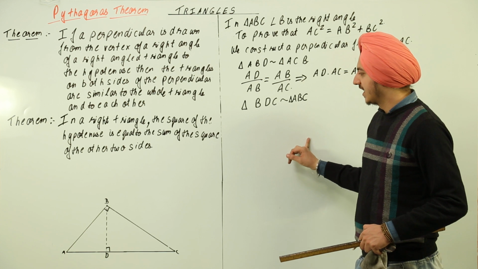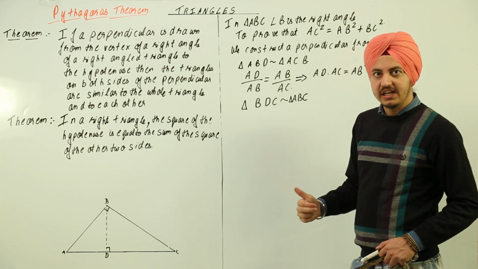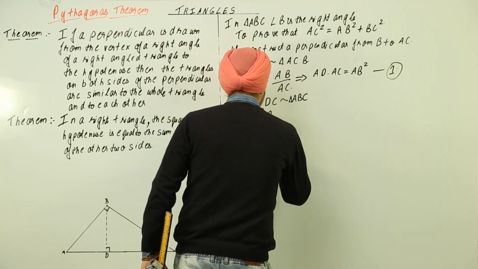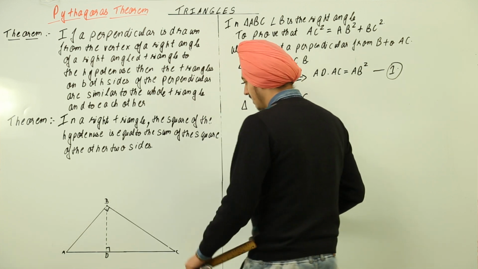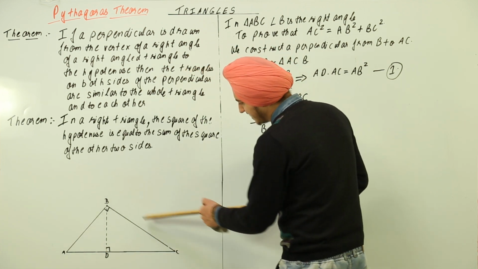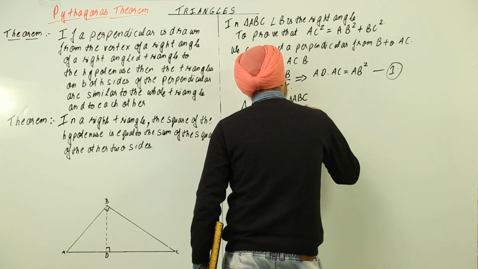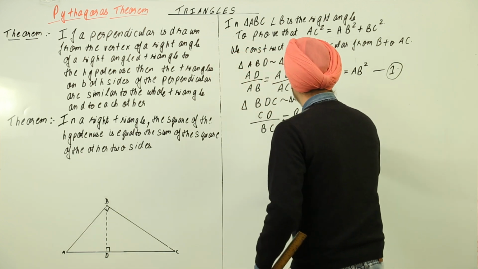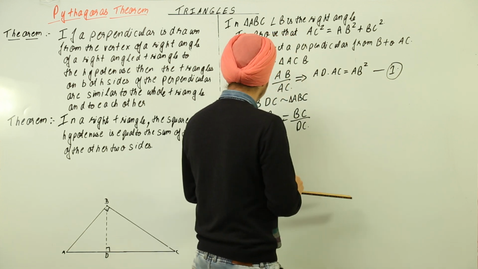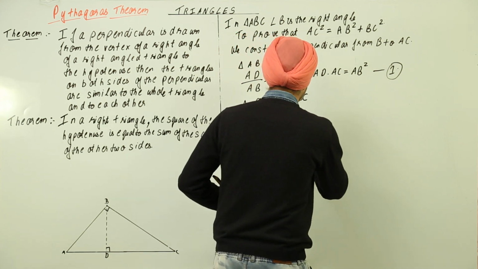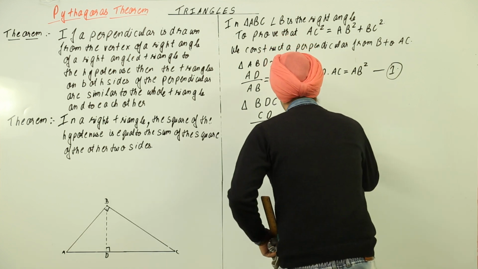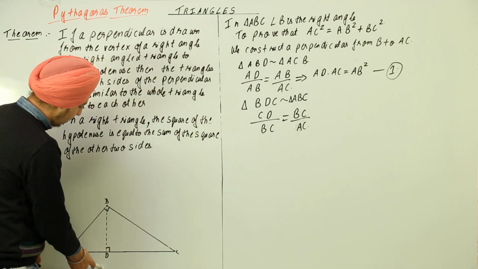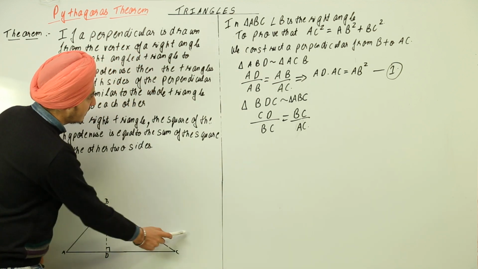So from here what we get is the ratio of the corresponding sides is again equal. So what we write from here is CD upon BC is equal to BC upon AC.